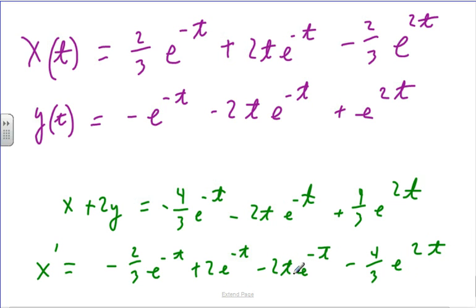This guy is the same as that guy. This guy is not the same as that guy. Bummer. But we're close. If I had a minus sign here, I'd be okay.